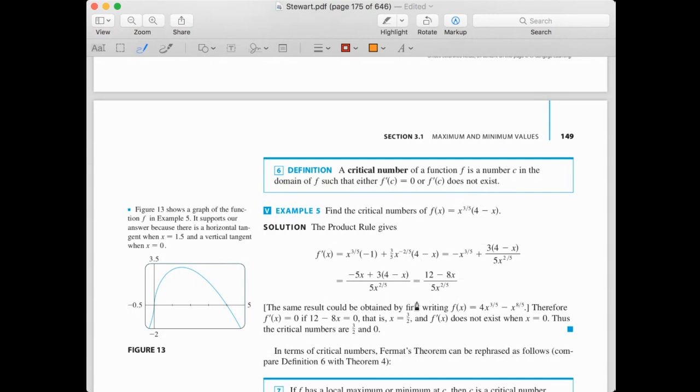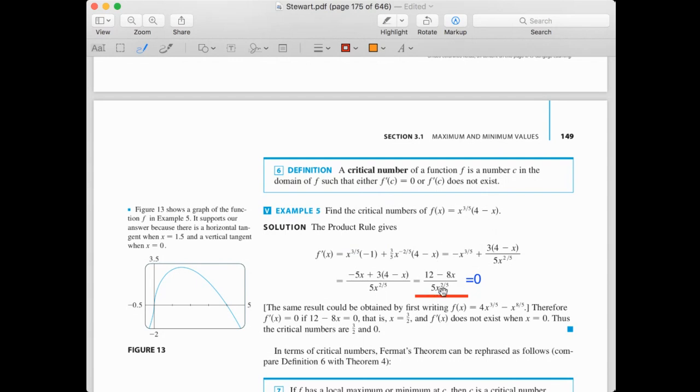We simplify, and we get 12 minus 8x divided by 5x raised to 2 over 5. Then we want to find the critical number. So we set the derivative of the function equal to 0, then we solve for x.